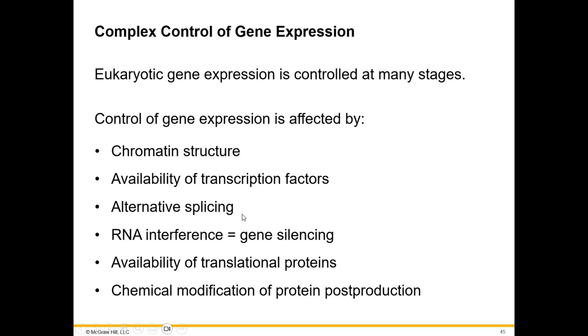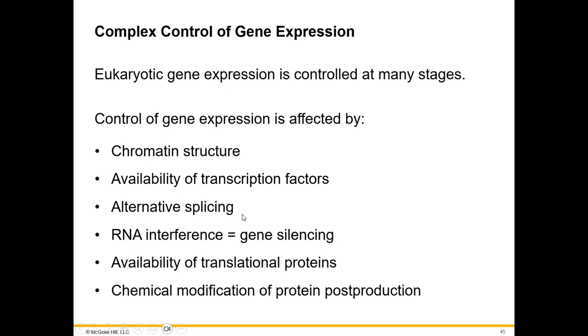So we don't have an unlimited number of transcription factors. So that's going to depend on what proteins are already being made and what transcription factors are available. We also have alternative splicing, which will affect our gene expression. That will determine what order the exons are placed in whenever we have spliced out our introns.